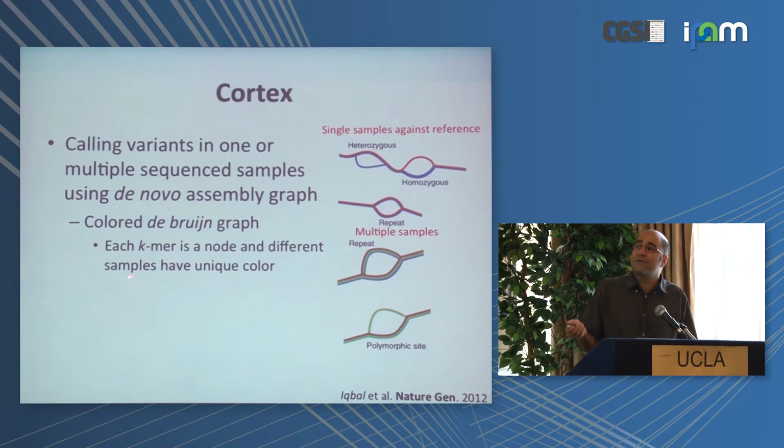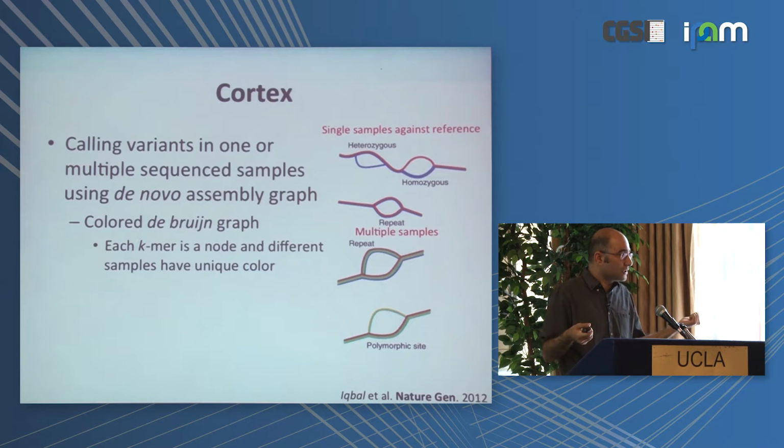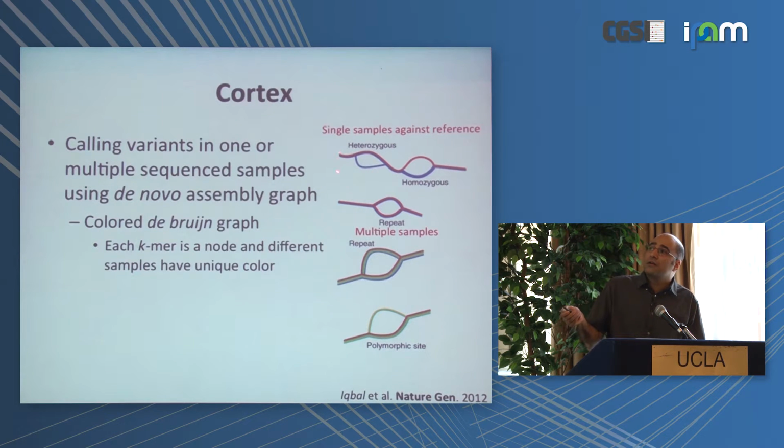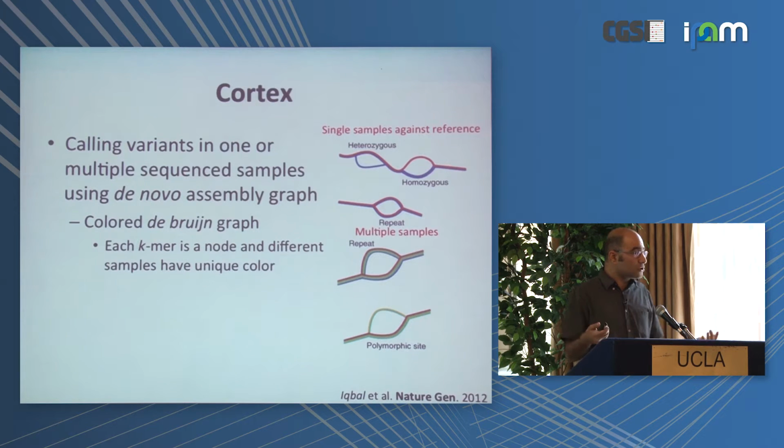Every k-mer is a node in the graph, and we have colors based on whether it comes from the newly assembled genome or is shared with the reference genome. If there are paths in this graph with a unique color, those paths indicate a potential variant, because if it's not a variant, both genomes should have those k-mers, and there should be paths going through them.